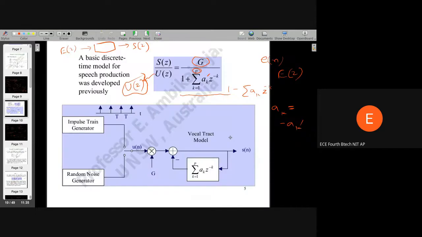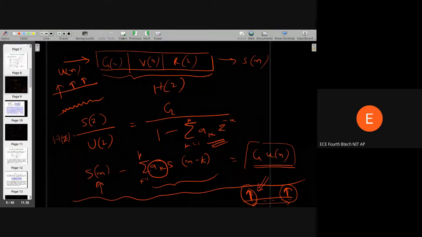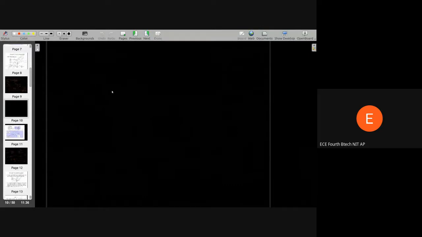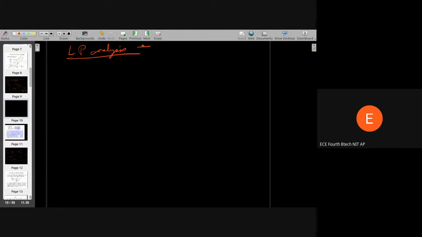So because of this source filter theory formulation, we go for LP analysis, which is a technique in adaptive signal processing, which allows us to model any signal at a particular time as a weighted combination of its previous samples.